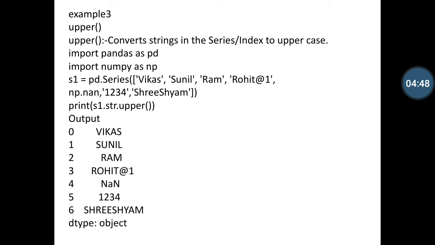And then you can notice that in the print option I am calling the s1 series and putting a dot. After the dot I select the str accessor, then put a dot, and then select the upper method. It converts the pandas series values into uppercase. Later you can notice that all of the values defined in the series are converted into uppercase.